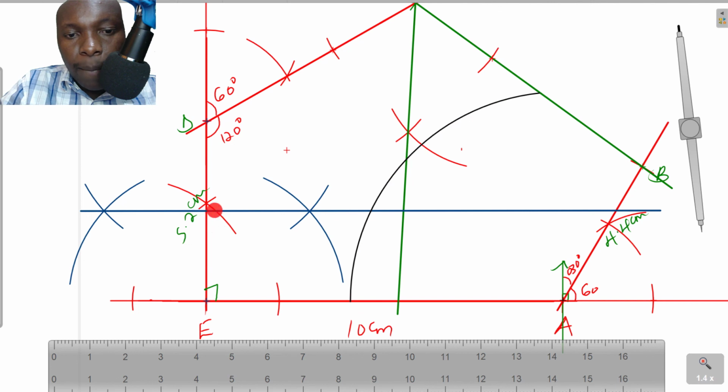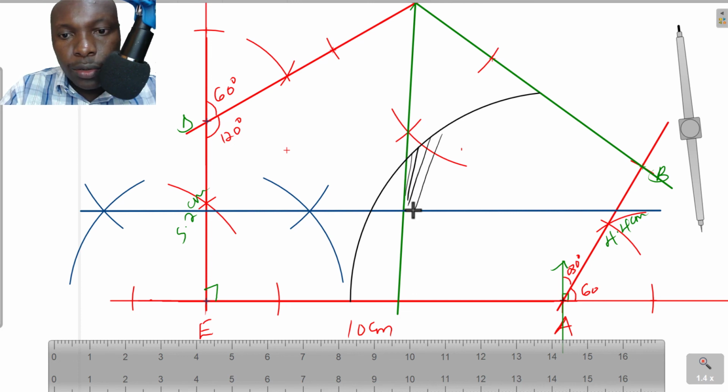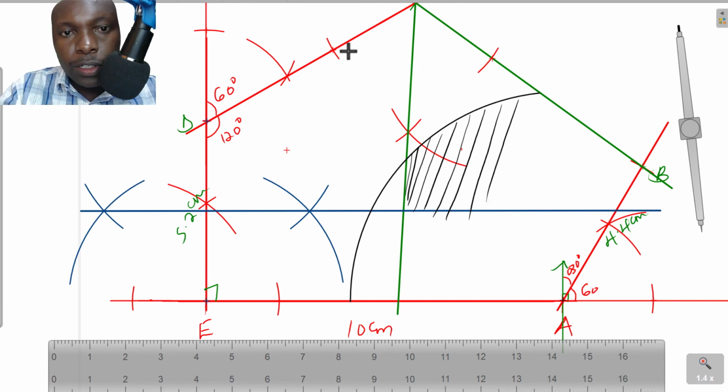Then it should be bounded by this line here. That is the locus of point equidistant from E and D. So look at this boundary, look at this line, look at the other locus here, and look at this. So you notice that the region that we require therefore will be this region that is here. This is the region. This would be the region.